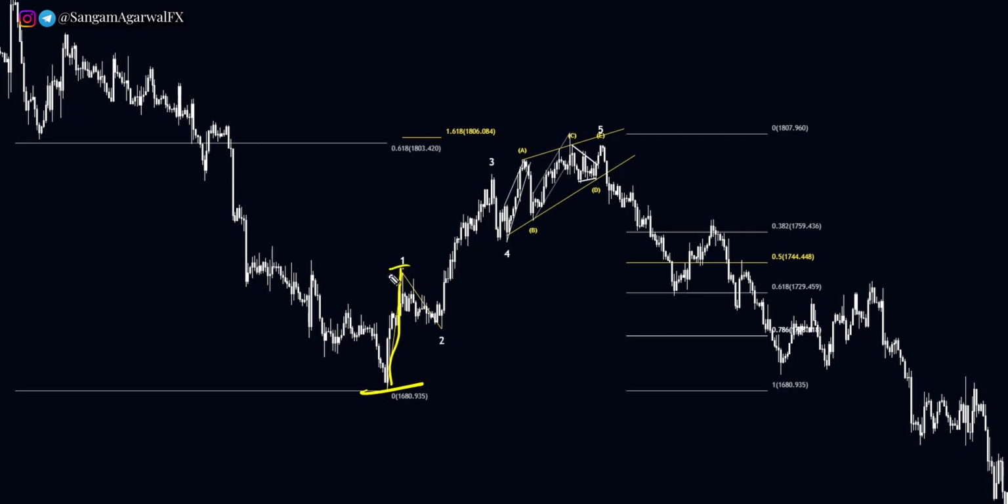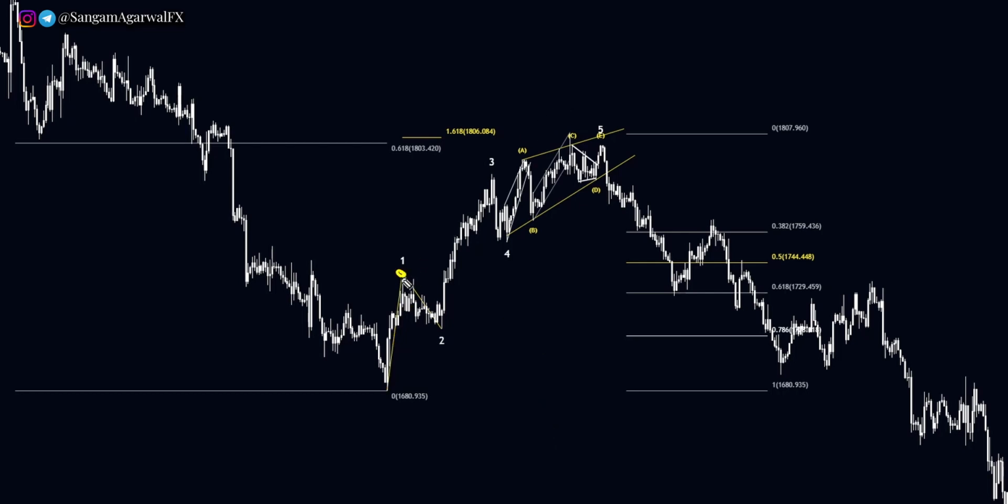Then after this top, you cannot tell how this top of wave 1 will end right here. For that understanding, you have to go from H4 to the 15-minute time frame so that you can get the wave counting on a lower level to find this top.